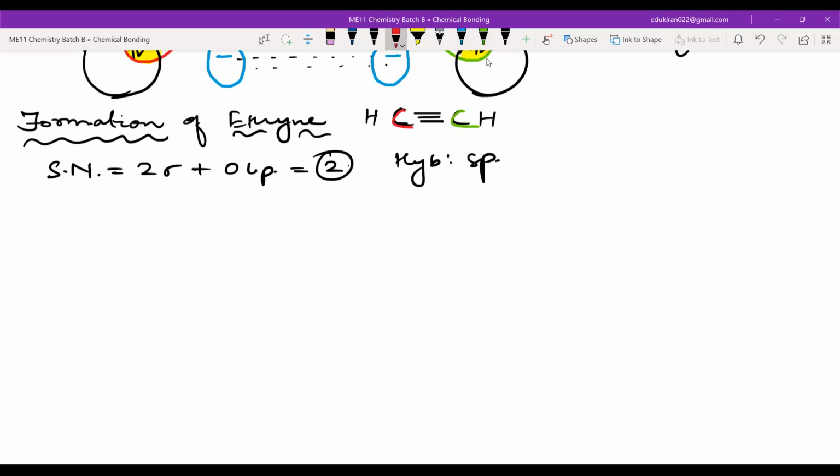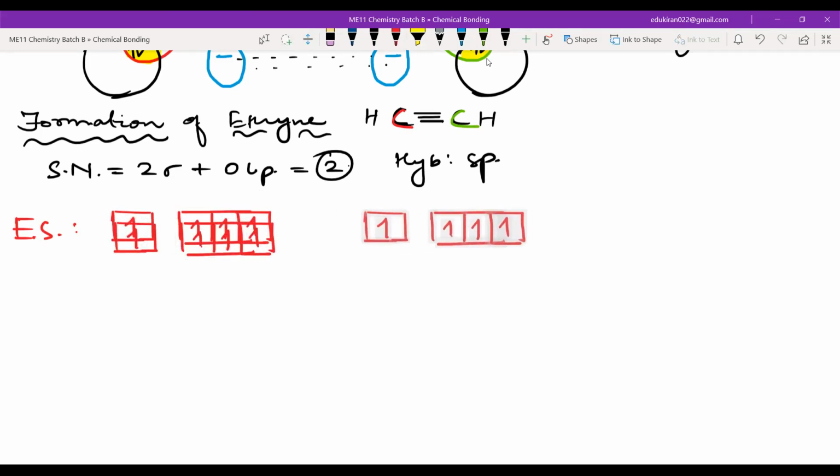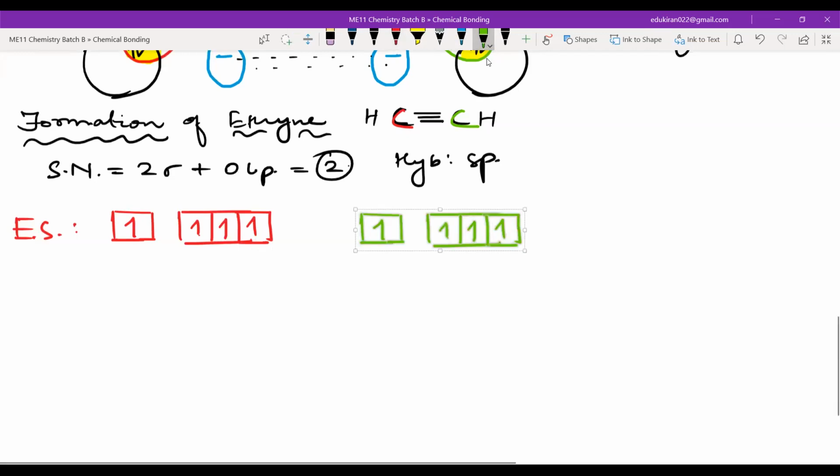So for the red one, I can directly say that in the excited state there will be 1 s and 3 p's. Each of them will have 1 unpaired electron, right? So 1 electron, 1 electron, 1 electron, and 1 electron. Similarly, the same thing will happen for the green one, which we can put like this, right? Now after that, sp. So these 2 orbitals will be combining, 1s and 1p from here, 1s and 1p from here.